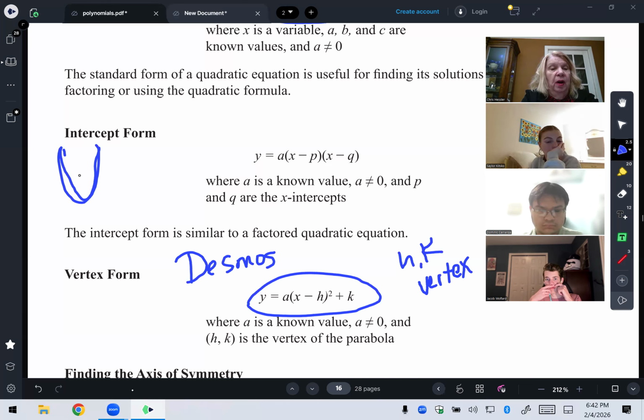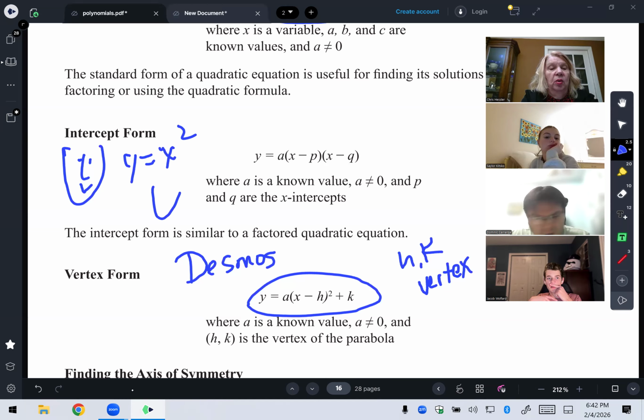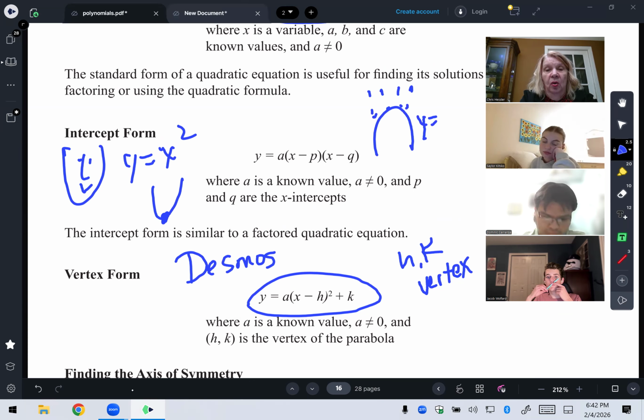I taught middle school, so if it's an upwards parabola, it's a happy day. So y equals x squared, right? And you would have a minimum point as the vertex. If it's raining outside, you need an umbrella, so y in the rainbow, obviously, is negative x squared. And this would be your max.